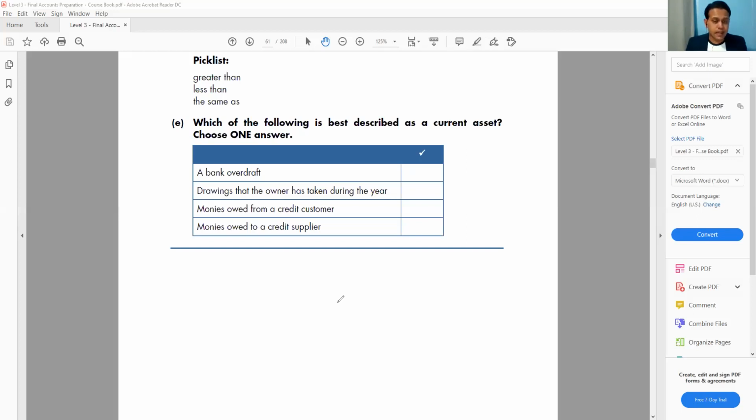So the current asset is money owing from the credit customers. So when you make a credit sale, and we expect the customer to pay us, this is our current asset. Sales ledger control, trade receivables, they are my credit customers, so they are my current asset. All right, let's move on.